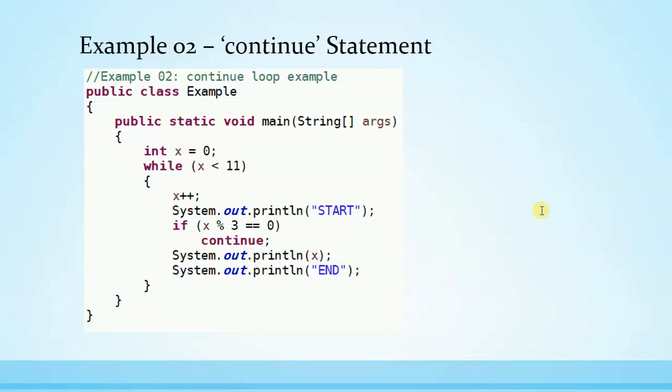On that while loop we place a condition x less than or equal to 11, and inside the body of the loop, in the very first statement, we are incrementing the loop variable x. This means the loop will get executed 11 times, 0, 1, 2, 3 till 10. So there are 11 times the loop will get executed.